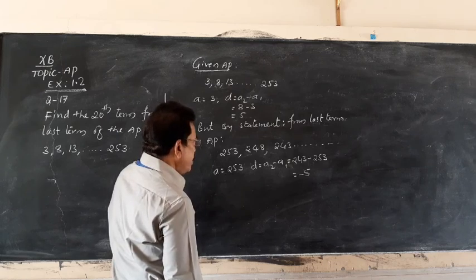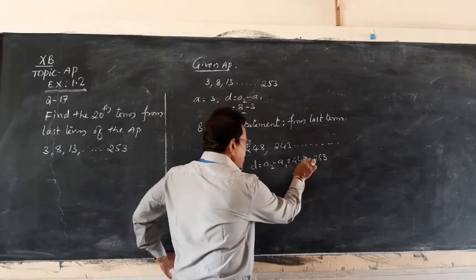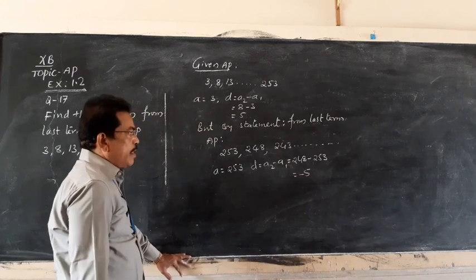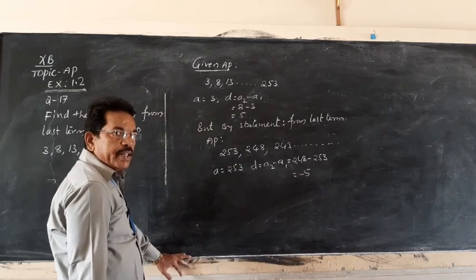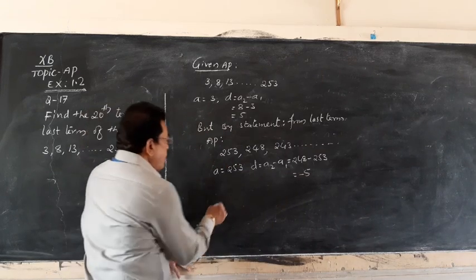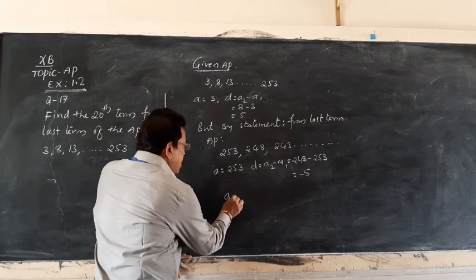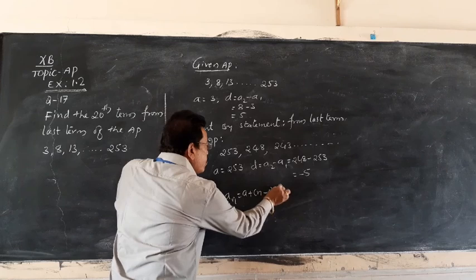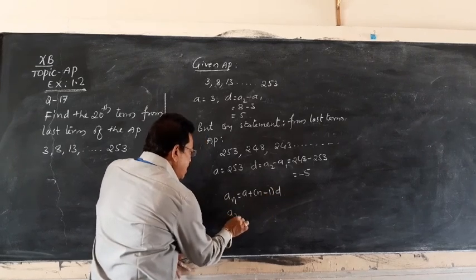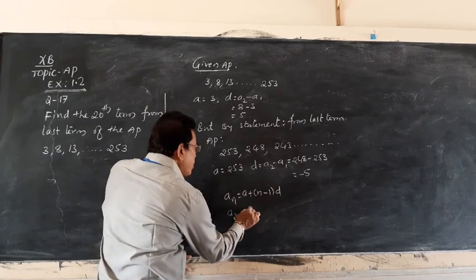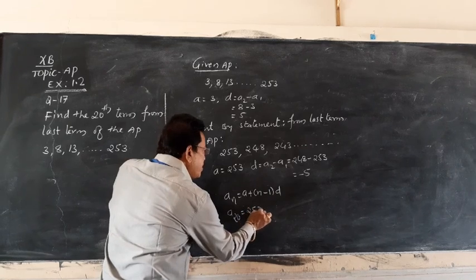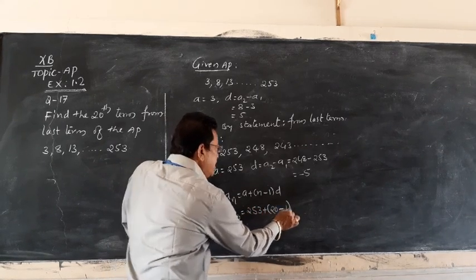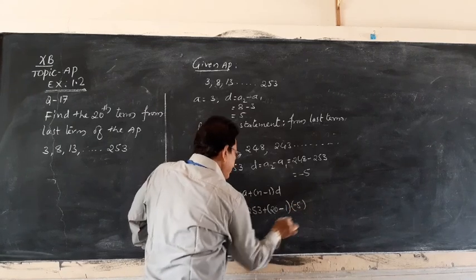Two, 248, that is minus 5. Okay, now let us find the nth term, An equals A plus (n minus 1) into D. That is A20 equals 253 plus (20 minus 1) times D, that is minus 5.